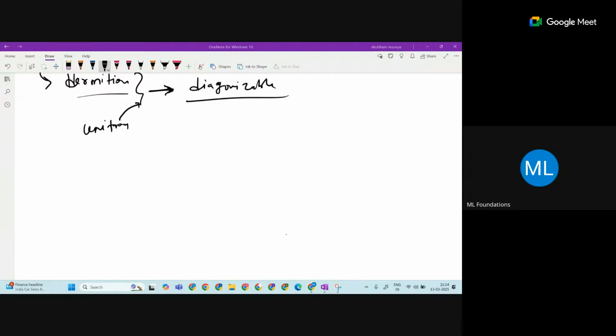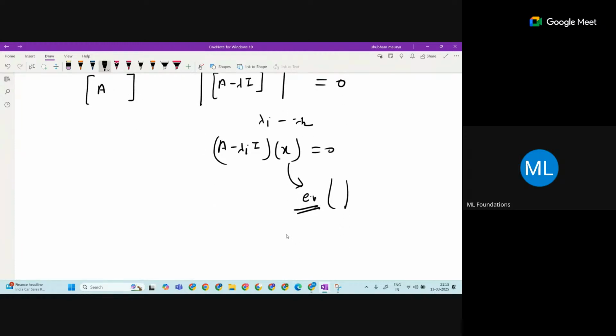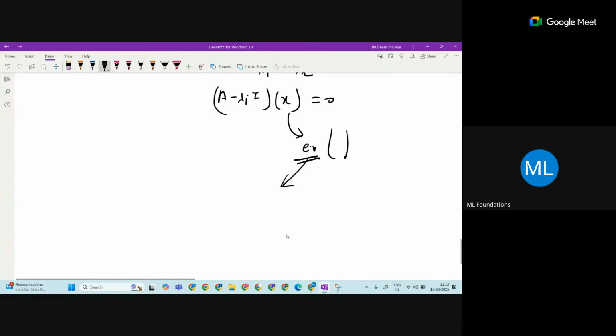The process is: if a matrix is given, you compute A minus lambda I, find its determinant and set it to 0, and you'll find the eigenvalues. Then substitute each eigenvalue one by one and write a system of linear equations. Whatever values you get for x are going to be your eigenvectors.